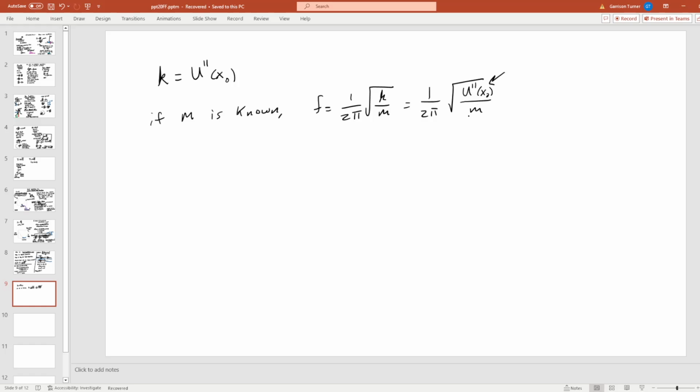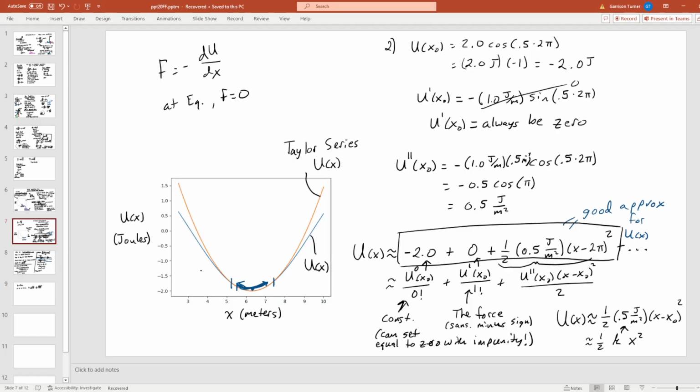So you do need to find the equilibrium position, but then all you need to do is take the second derivative. You don't even have to worry about the first derivative. You don't have to worry about the third derivative. And you'll notice that here in this picture, if we're restricting our discussion to between, maybe 5 1/4 and 7 1/4, maybe close to 7 1/2, whatever the case may be, this is a good enough fit that I don't even have to worry about the higher order terms, right?